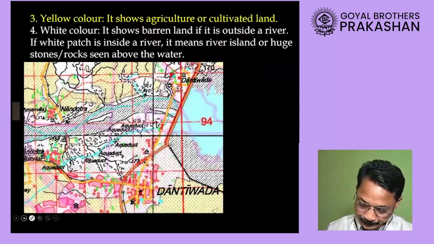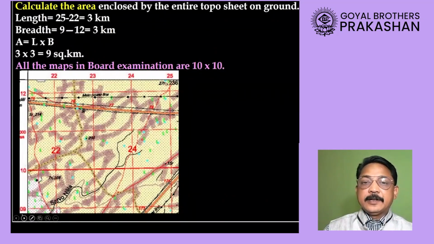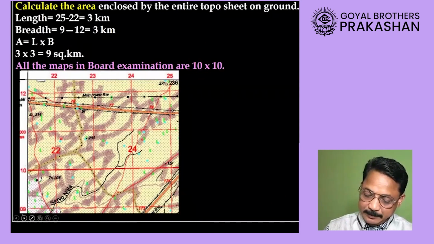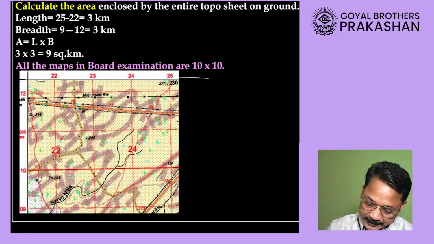Okay, then we have already seen how to calculate the area. For example, between 22 to 25, the distance is 3 kilometer. Between 9 to 12, the distance is 3 kilometer.